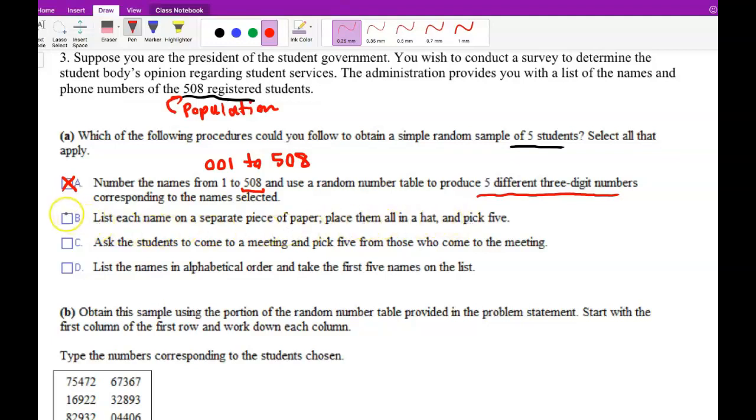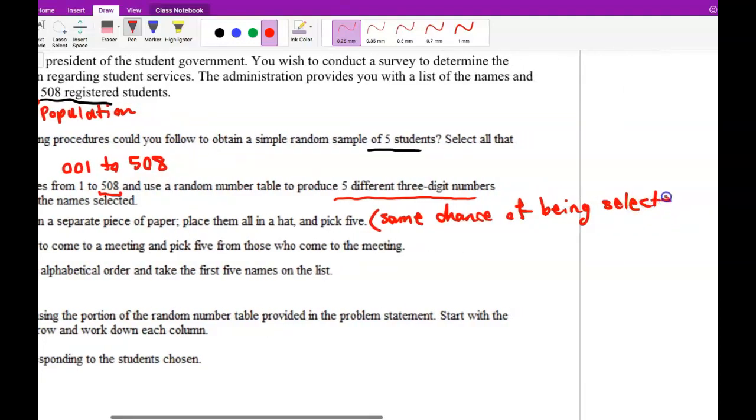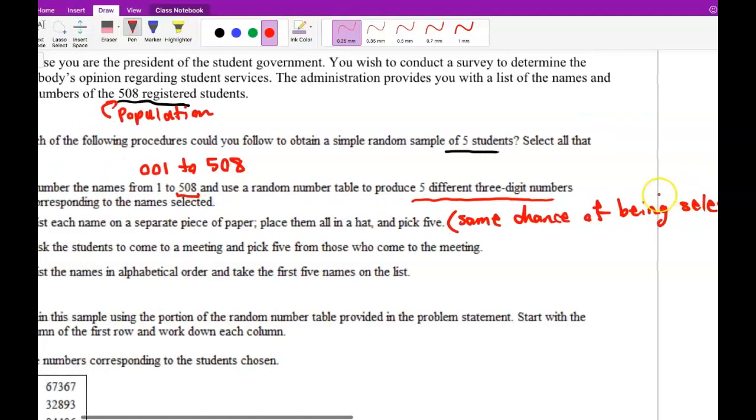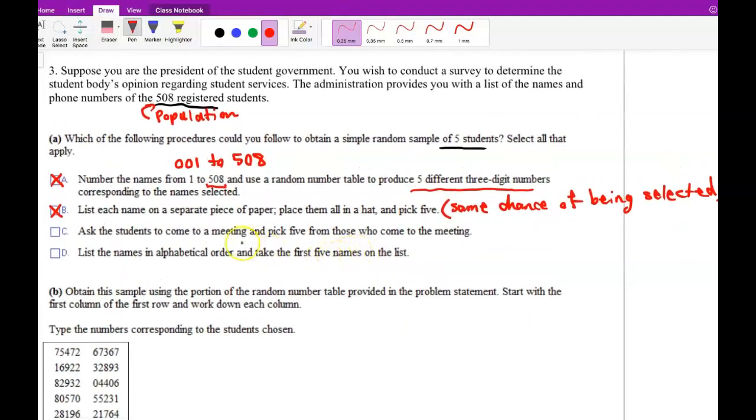But this is also correct. They have the same chance. That's why we can have part B.